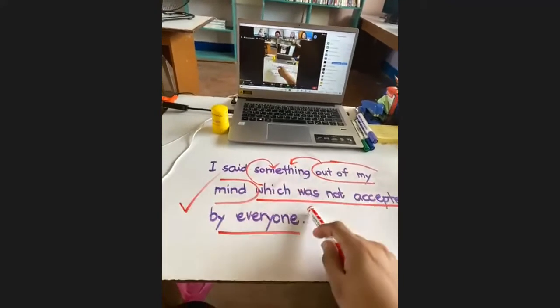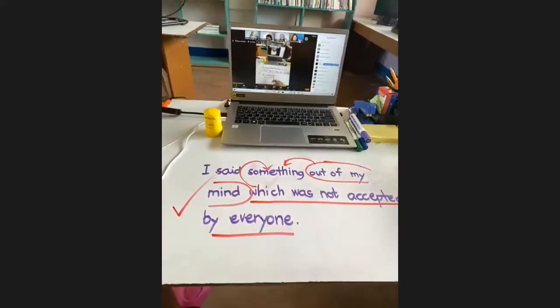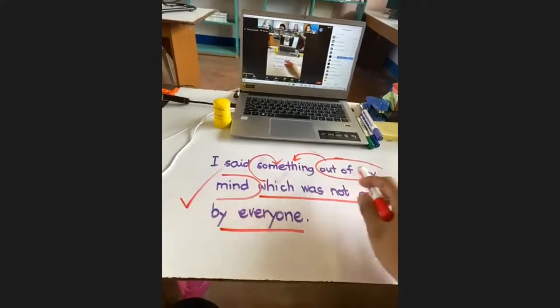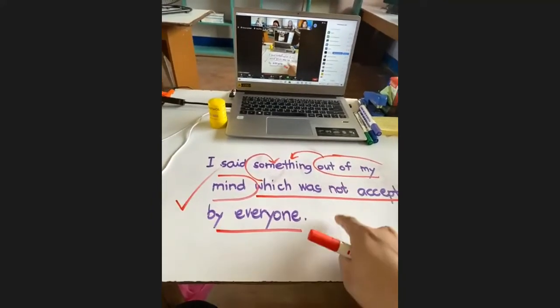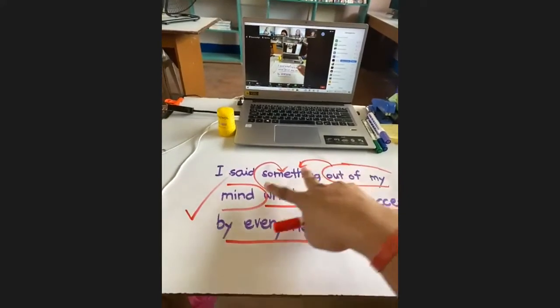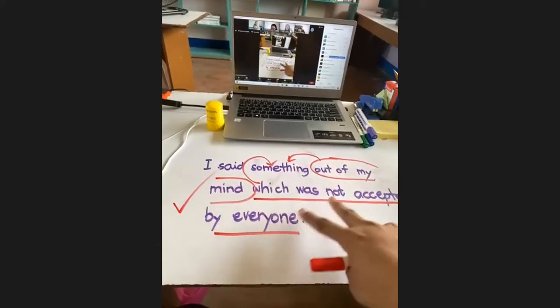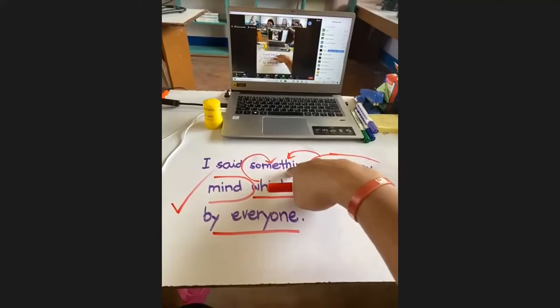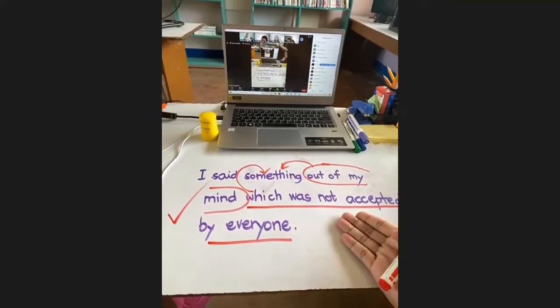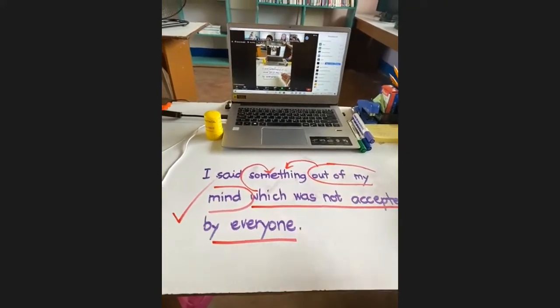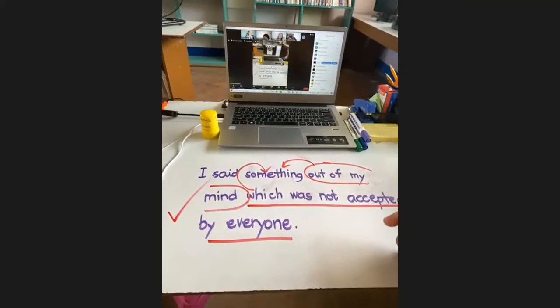I said something which was not accepted by everyone out of my mind, or I said something out of my mind which was not accepted by everyone. At any rate, this one is already correct. Why? Because two kinds of modifiers are sharing the same head word.